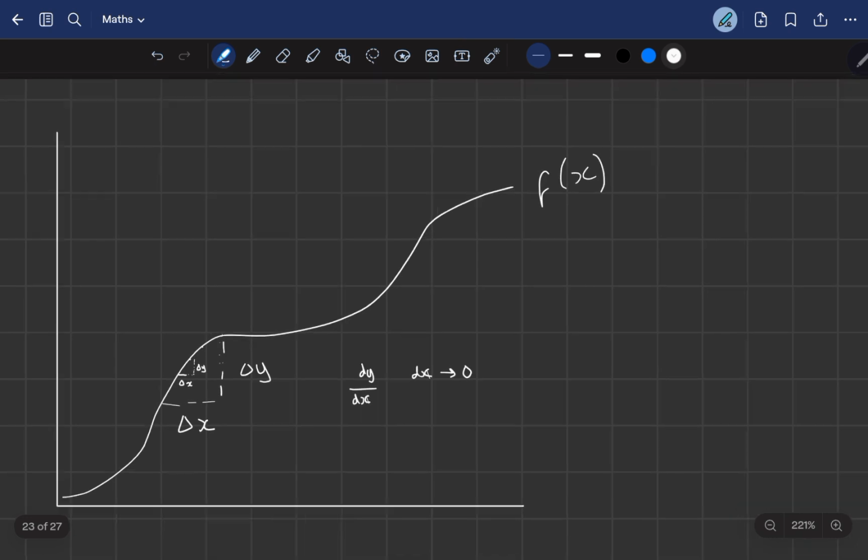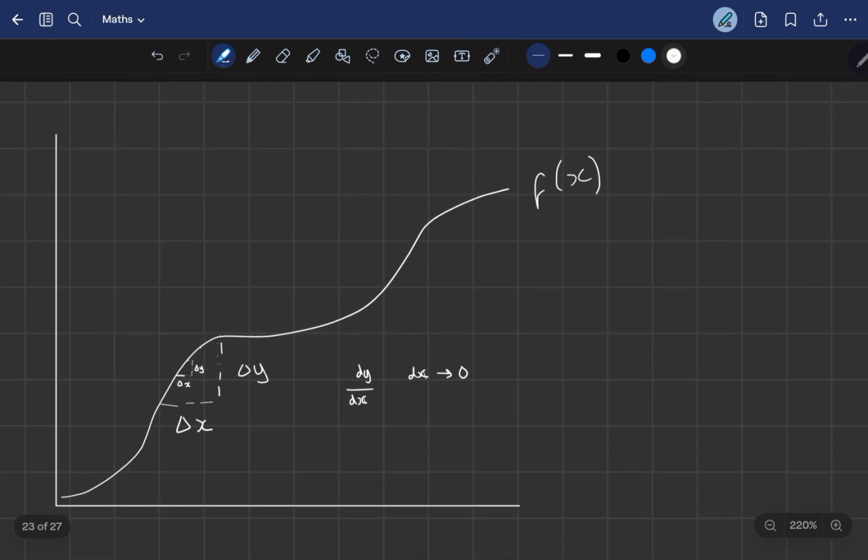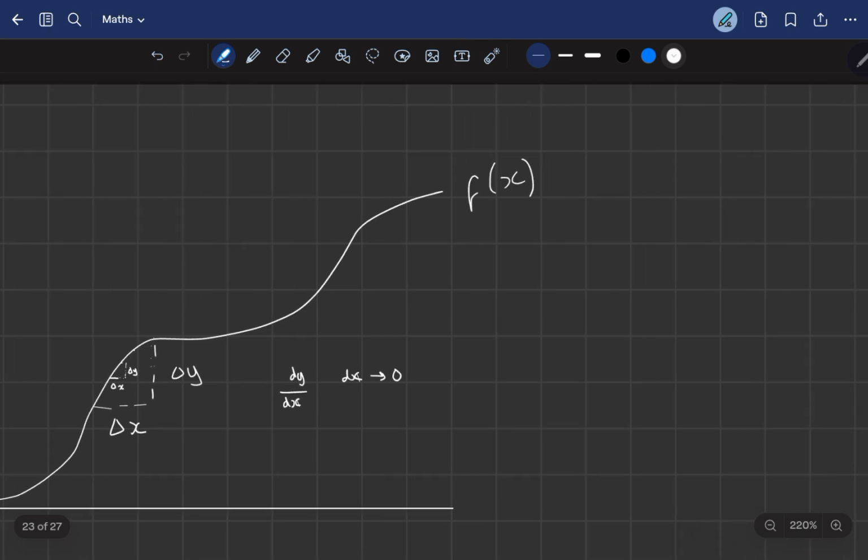That is what we are doing. We are finding the difference in the output of the function as we change the input by a very, very small amount. And this is what the derivative is. We write it using the notation d by dx of f of x is f prime of x. Okay? So f prime of x is just the derivative of f of x.